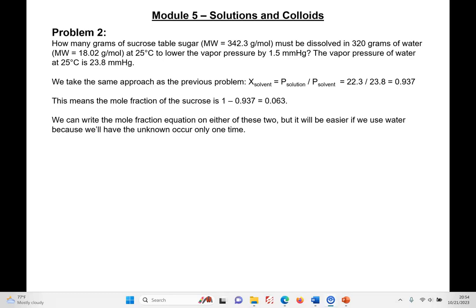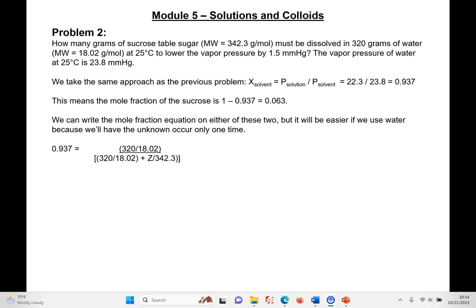Now, we could write the mole fraction equation of either of these, but it's probably going to be easier if we use water, because then we'll only have the unknown occur one time in the equation rather than twice. We could still solve it. It's just easier if we do it this way. So let's write that equation.